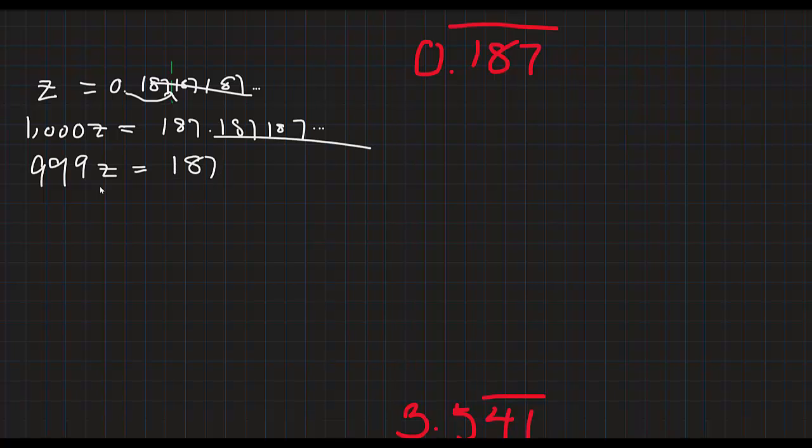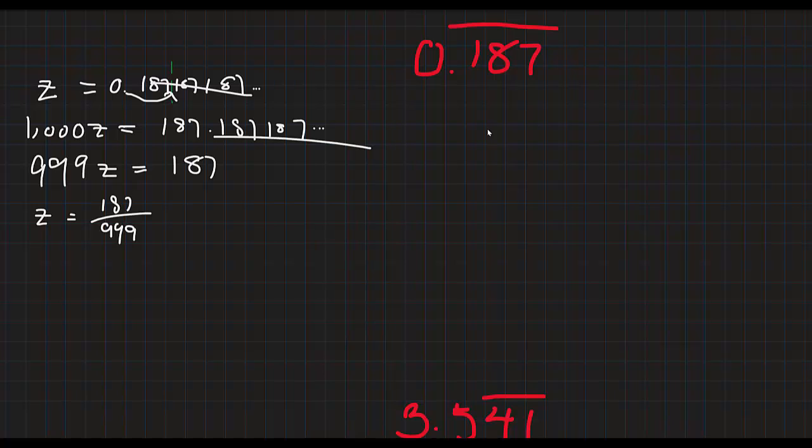Notice how many 9's are here now. Then we solve for z by dividing 999 on both sides, 187 over 999. And there, that is our answer.